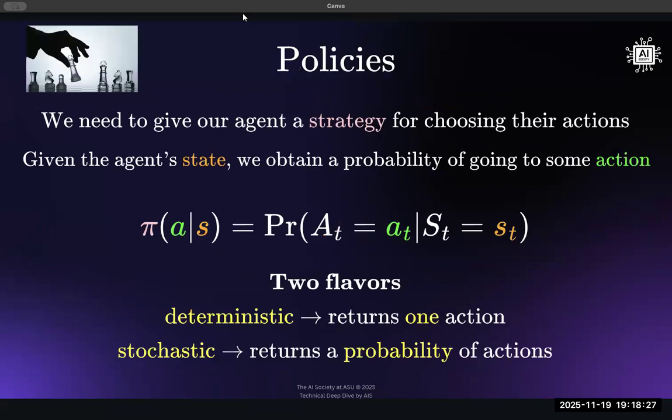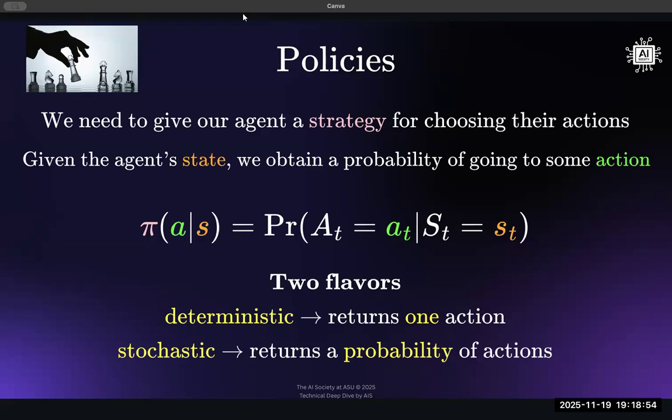And then policies. It's a strategy for our agent. How does our agent make decisions? How can our agent make the best decisions? A policy in this case would just be a mapping from the state to some action. So it's effectively saying what is the probability of taking this action, little a sub t, given that we are in some state right now.